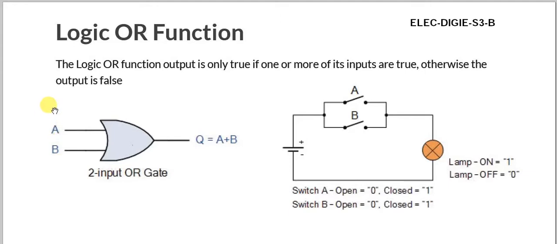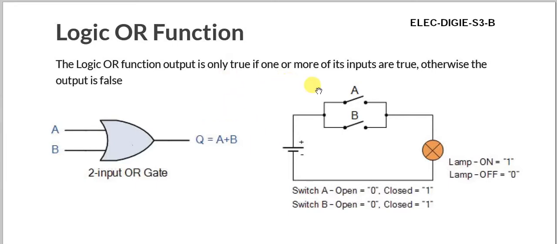So in digital electronics we use the switching process. The gate's job is to switch on and switch off, turn on the switch and turn off the switch.